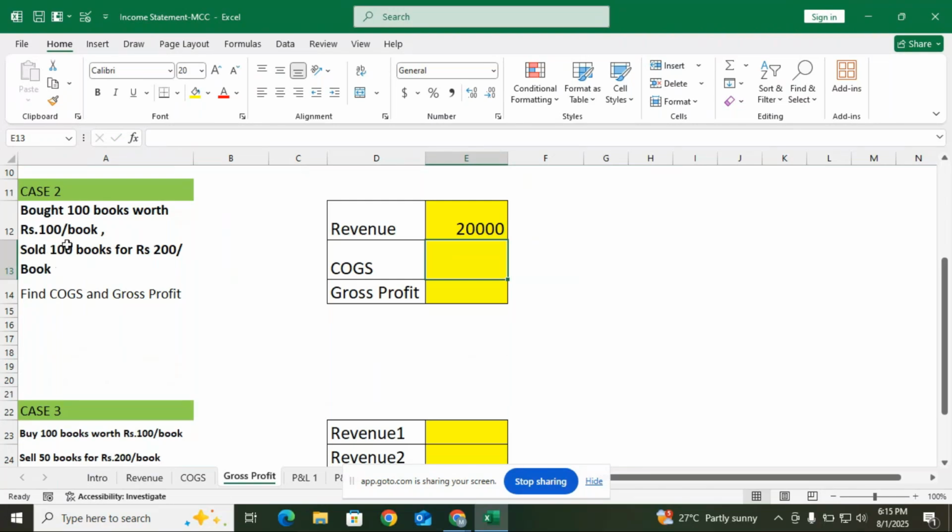So what was the cost per book of the goods sold? Which will be 100 into 100, so it is 10,000. So how do you arrive at the GP? Equals revenue minus cost of goods sold, and you press enter, you get 10,000 as the gross profit.